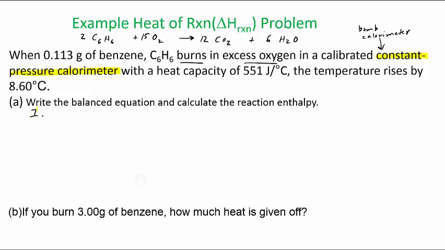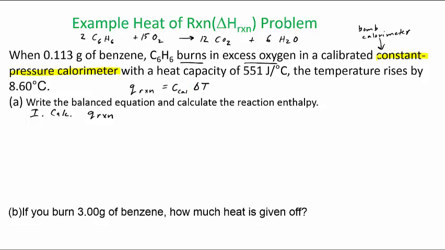So the first step was to calculate Q of the reaction. And for a bomb calorimeter, there's 2 equations to use. For a bomb calorimeter, the heat of the reaction is equal to Q reaction, C for the calorimeter times delta T. So notice there's no mass.